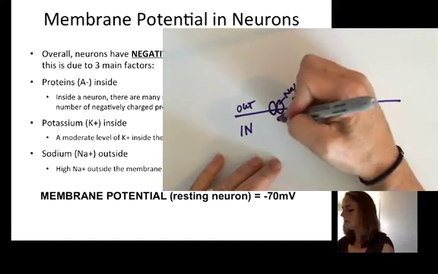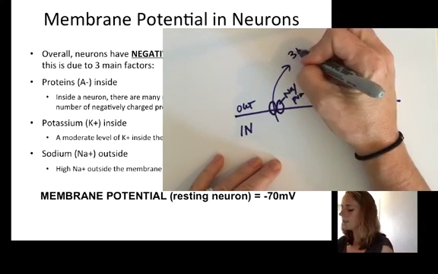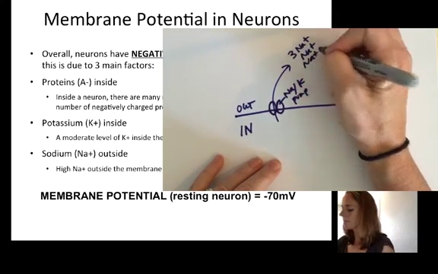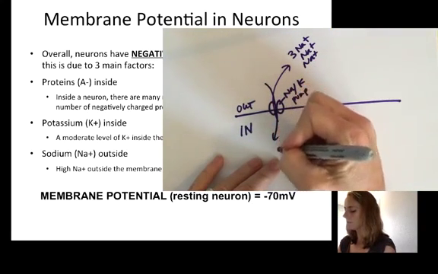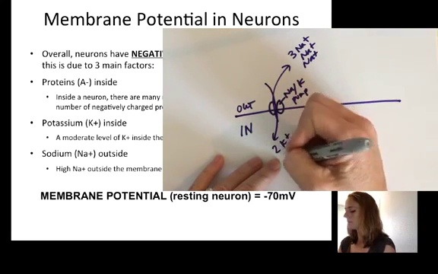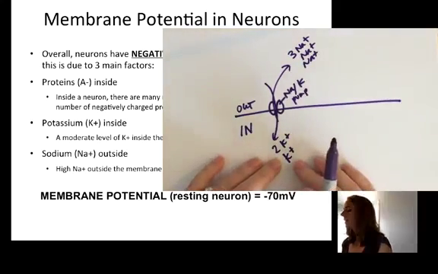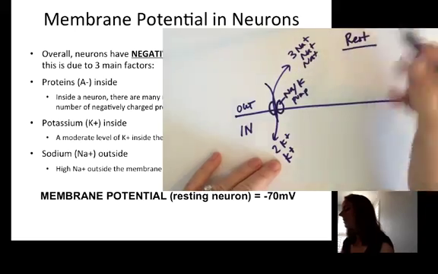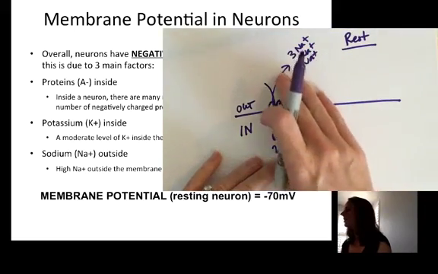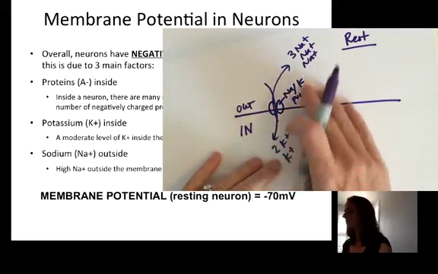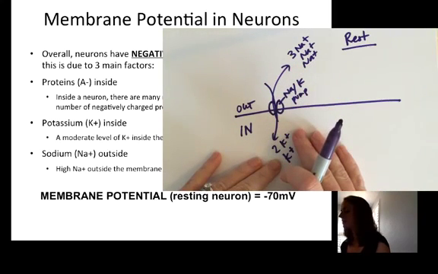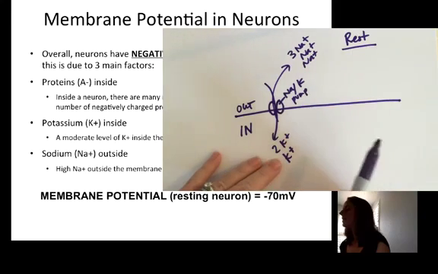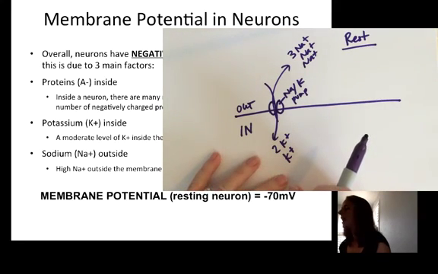Sodium-potassium pumps move out 3 sodiums for every 2 potassiums in. At rest, these are all working all the time to ensure that this is the balance of sodium and potassium at the neuron's membrane. Lots of sodium outside, little bit of potassium inside.